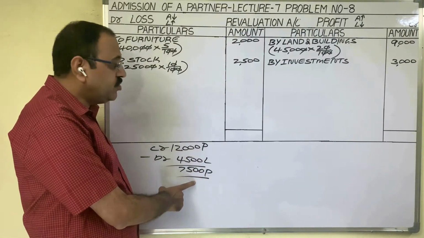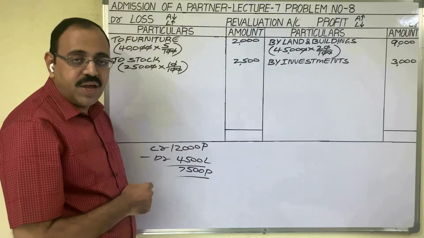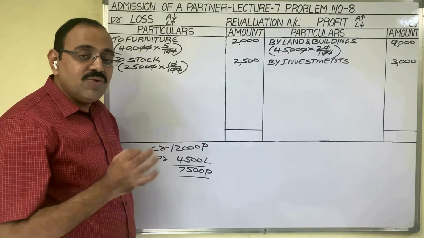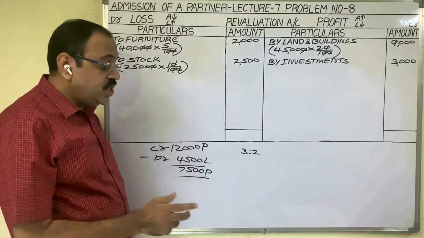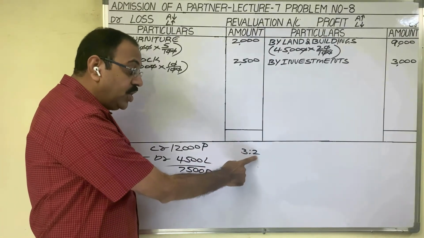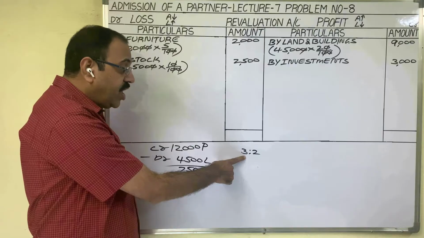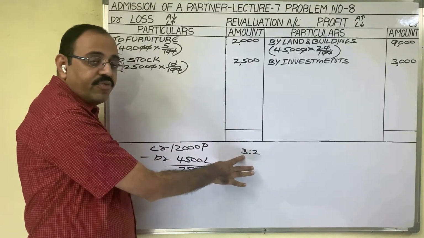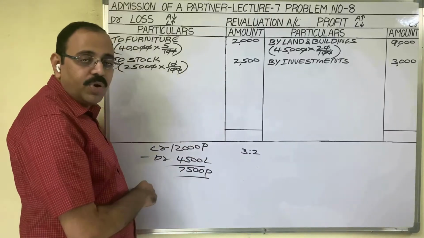It should be transferred to the old partners' capital accounts in the old profit and loss ratio. Recollect the question? The old profit and loss ratio of Ganga and Yamuna is 3:2. 3/5 of the profit goes to Ganga and 2/5 of the profit we should transfer to Yamuna.